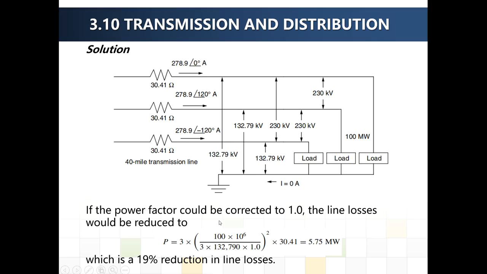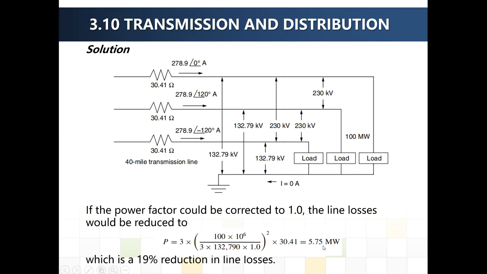Now, if the power factor can be corrected to 1.0, the line losses can be reduced. We calculate the line losses as 3 times the squared current times the resistance, with the power factor changed from 0.9 to 1.0.